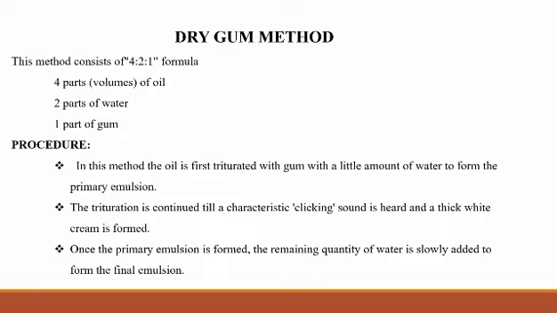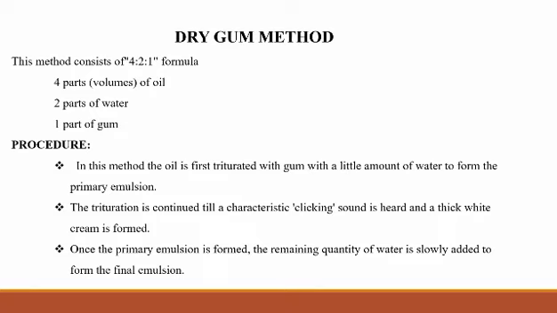In this ratio, the volumes should be taken correctly: 4 parts of oil, 2 parts of water, then 1 part of gum.